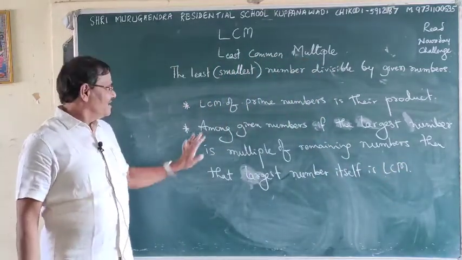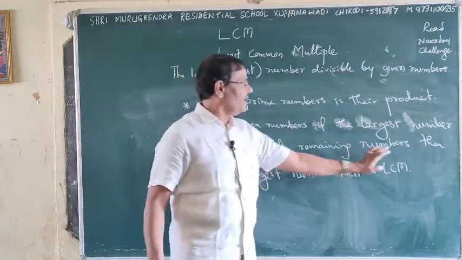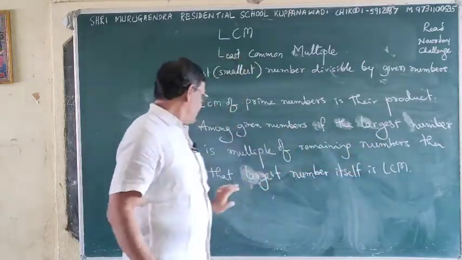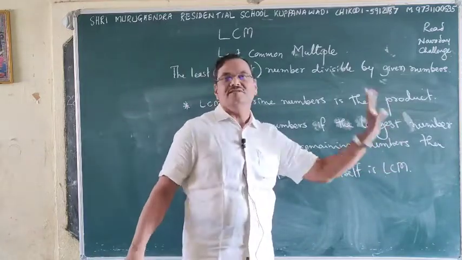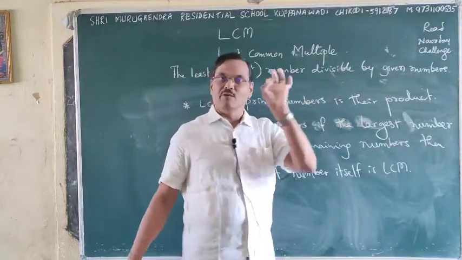Okay? Among given numbers, if the largest number is a multiple of remaining numbers, then that largest number itself is the LCM. The LCM of prime numbers is their product.